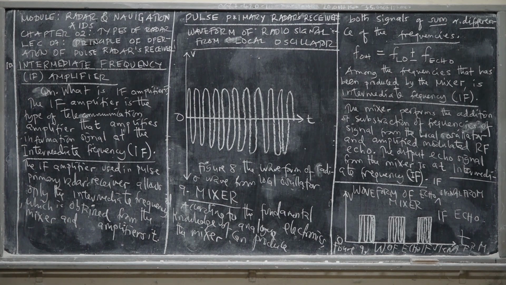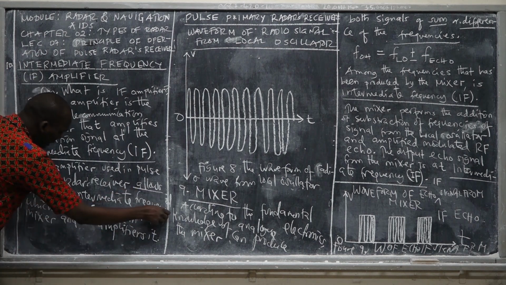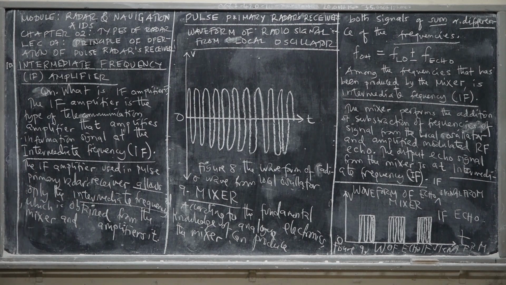So the IF amplifier used in the primary radar receiver allows only intermediate frequency signals. Intermediate frequency what? A signal. From what? From the mixer.